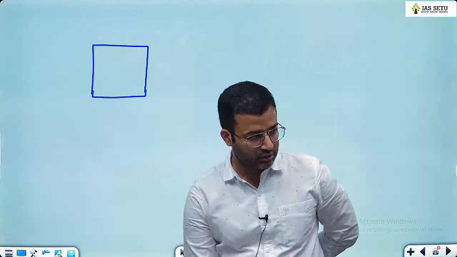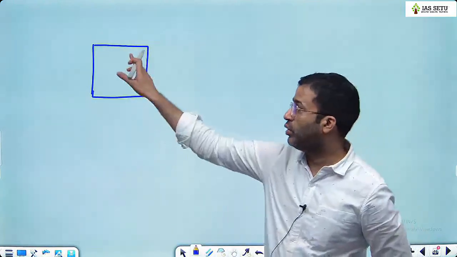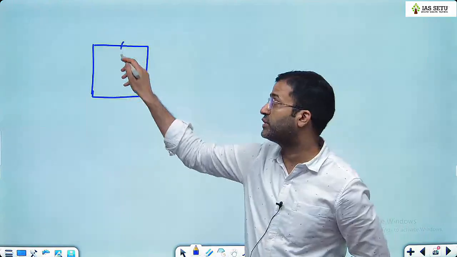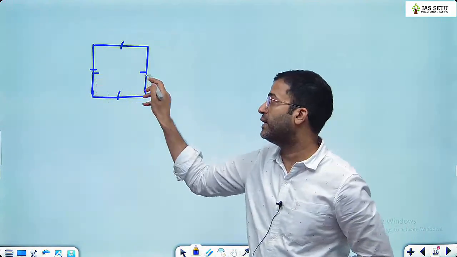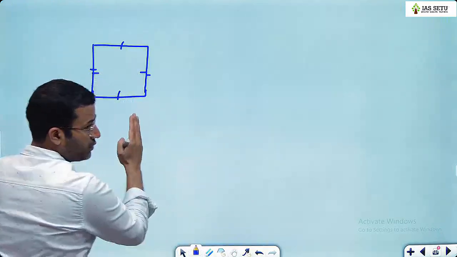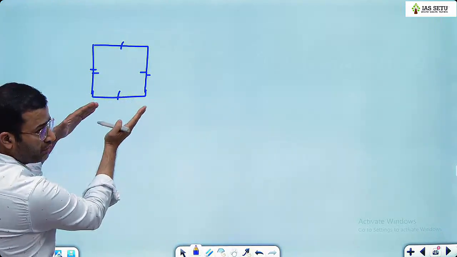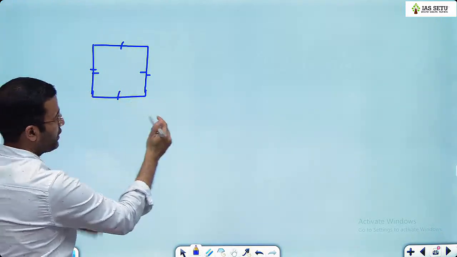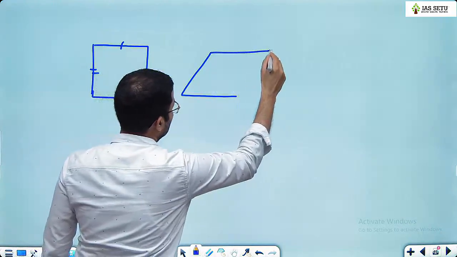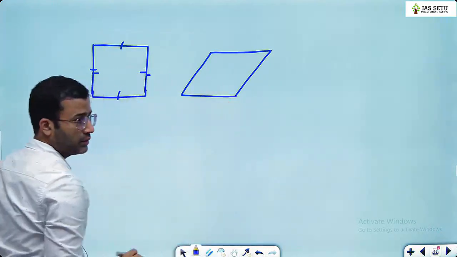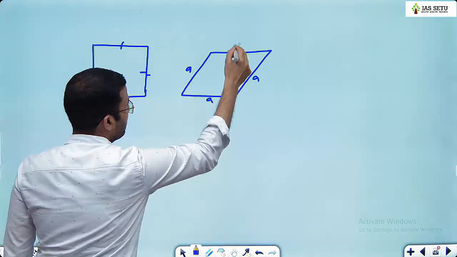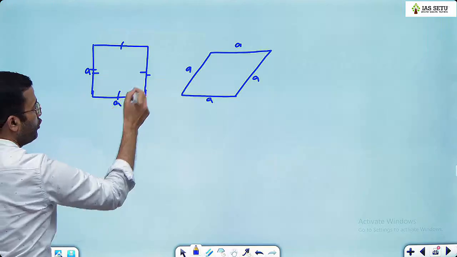It is a square. In a square, you know all sides are equal and each angle is 90 degrees. Opposite sides are parallel and equal. The same figure, like what we did before, we will tilt. Let us tilt this a little. This is A, A, A, A. Here all sides are equal.